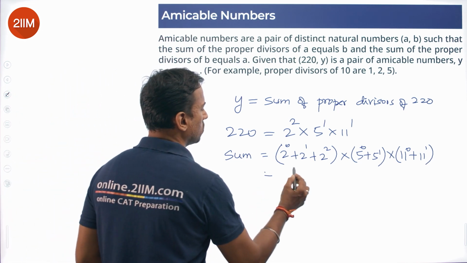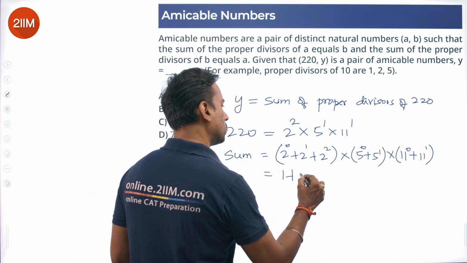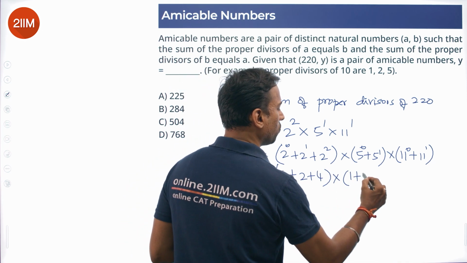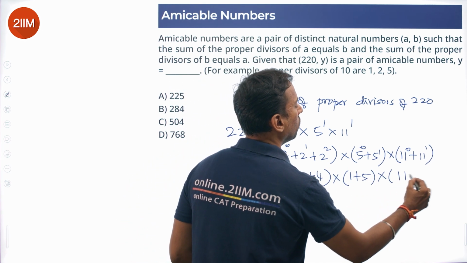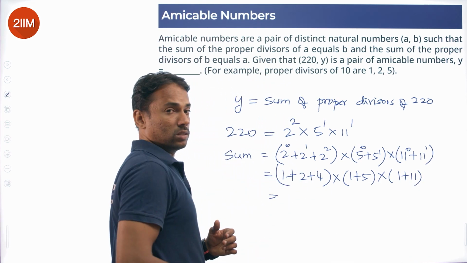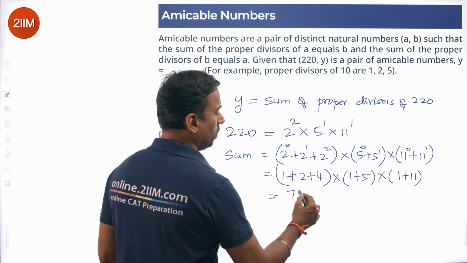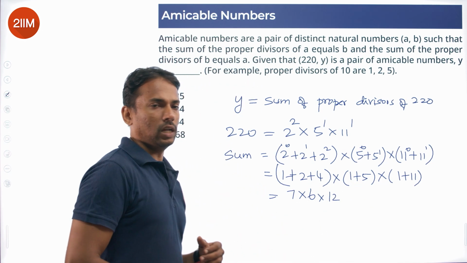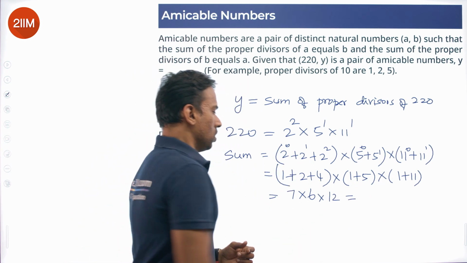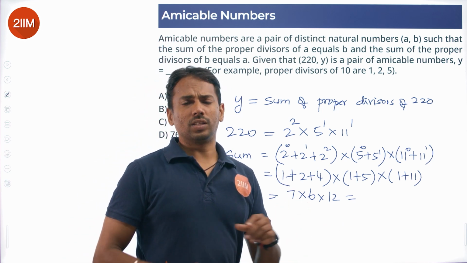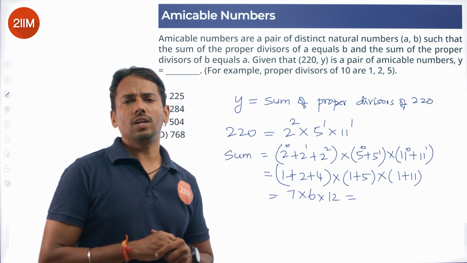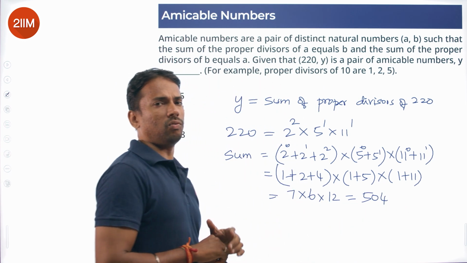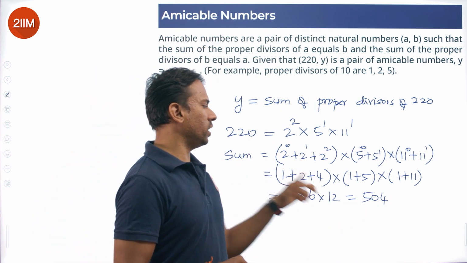This gives 1 plus 2 plus 4, into 1 plus 5, into 1 plus 11. This is the same as 7 into 6 into 12. 7 sixes are 42, 42 twelves are 420 plus 84, 504. So the sum of all the factors of 220 is going to be 504.